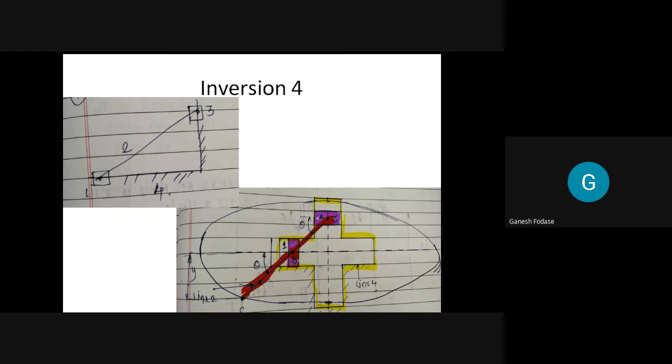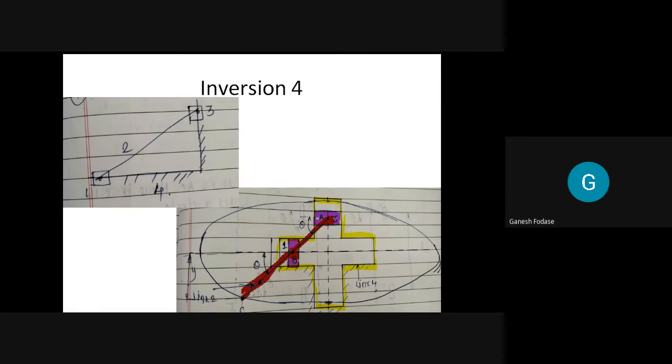If I give motion to link number 2, it will rotate, as it has turning pairs at B and A. When link 2 rotates, what about links 1 and 3? They will slide in the fourth link. So when link 2 rotates, having turning pairs with 1 and 3, links 1 and 3 will slide inside the frame.